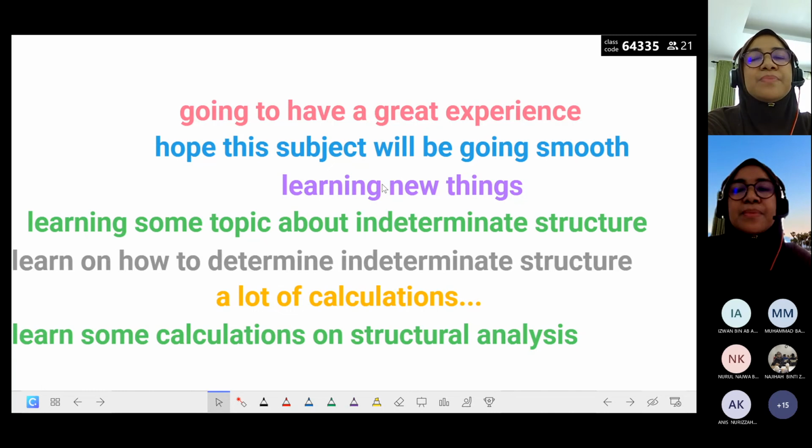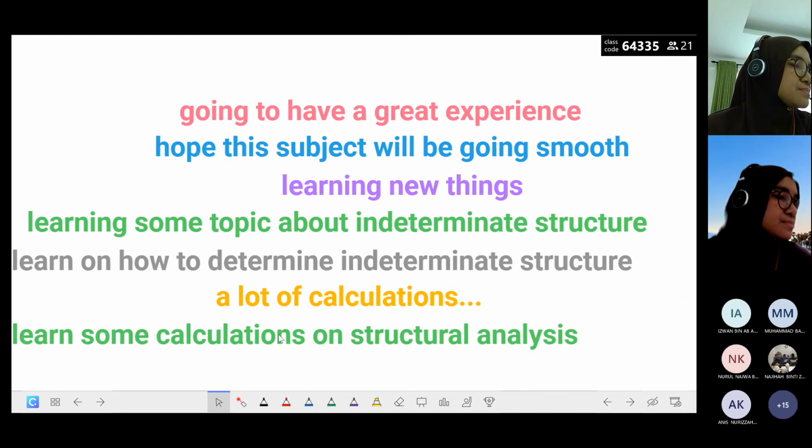We will analyze these again, because structural analysis covers all these types of structures in order to analyze reactions, internal forces, as well as deflection or displacement. Okay, thank you for the response. So we move to the next.